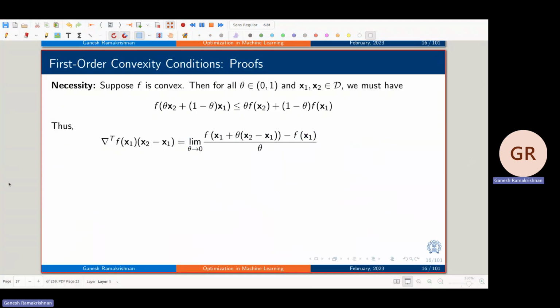This expression is nothing but f of theta x2 plus 1 minus theta x1, minus f of x1, divided by theta. So what do I know about the numerator at all points? The numerator is a linear combination, theta into f of x2.